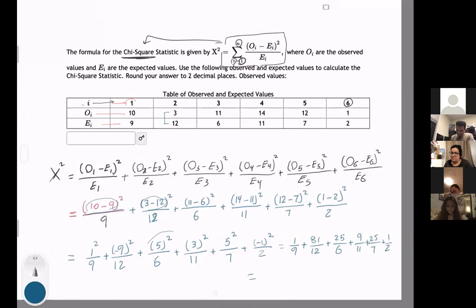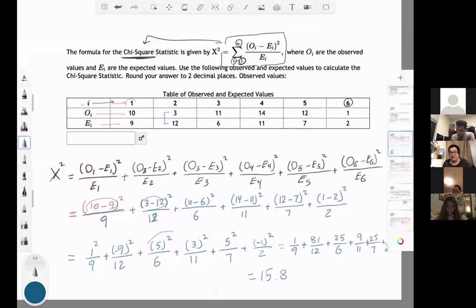I think I have the answer. I got 15.8981, and when I rounded to the second decimal place, I got 15.90. Anybody else? I got 15.916.